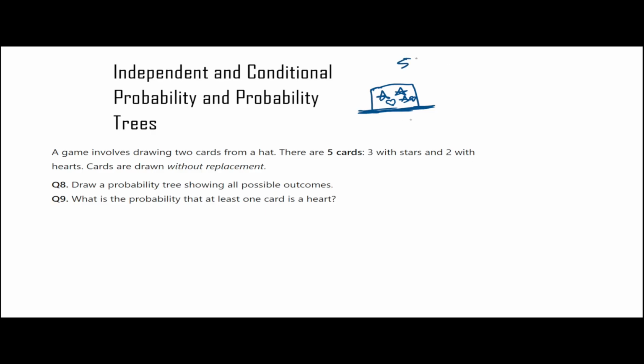So there are 5 cards in total. Okay, first guess. You put your hand in, and your probability of drawing a star. There are 3 stars and there are 5 cards. Your probability of drawing a heart is 2 out of 5. There are 2 hearts cards. There's 5 cards in general.